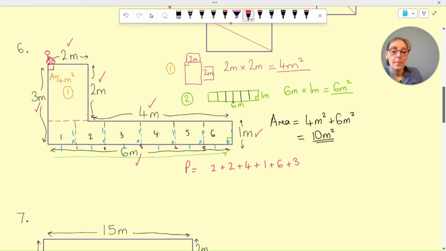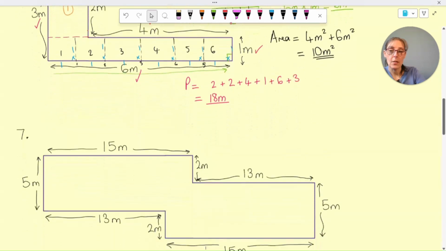So 2 plus 2 is 4, plus 4 is 8, plus 1 is 9, plus 6 is 15, plus 3 is 18, I think, meters. And because it's a length, it's meter to the power 1 or just meters. So check: 2, 4, 8, 9, 10, 11, 12, 18. Yeah. Okay. So that's the area and perimeter for question 6.